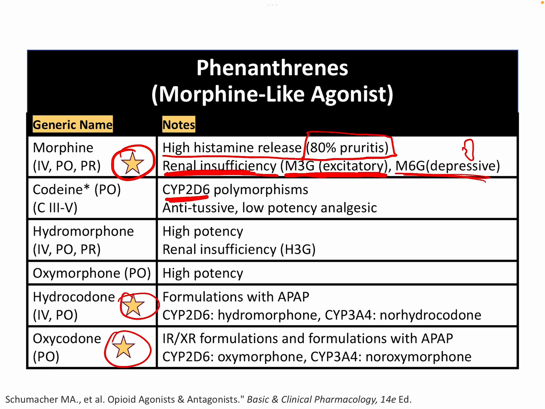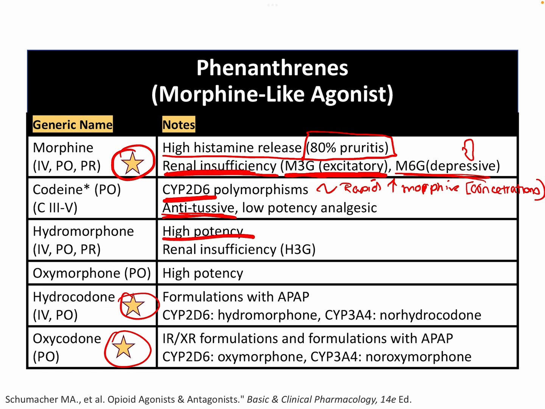Codeine. The biggest problem with codeine is the CYP2D6 polymorphism. Rapid metabolizers will have increased morphine concentrations because it is a prodrug. This is one of the reasons why it's no longer used as an antitussive for children, though it can be used as an antitussive for adults.